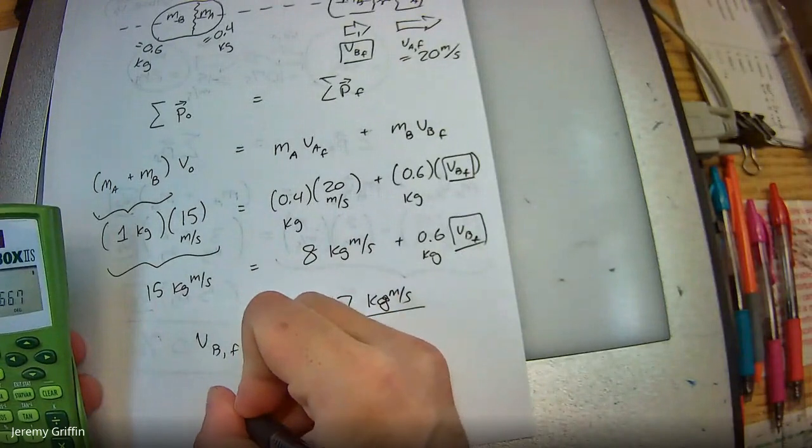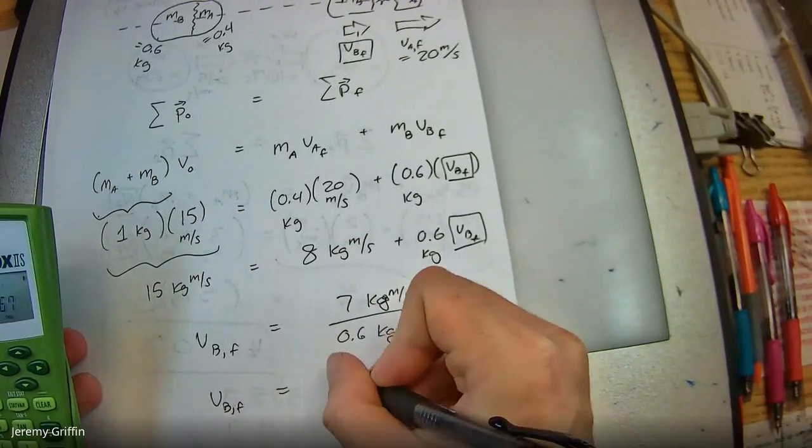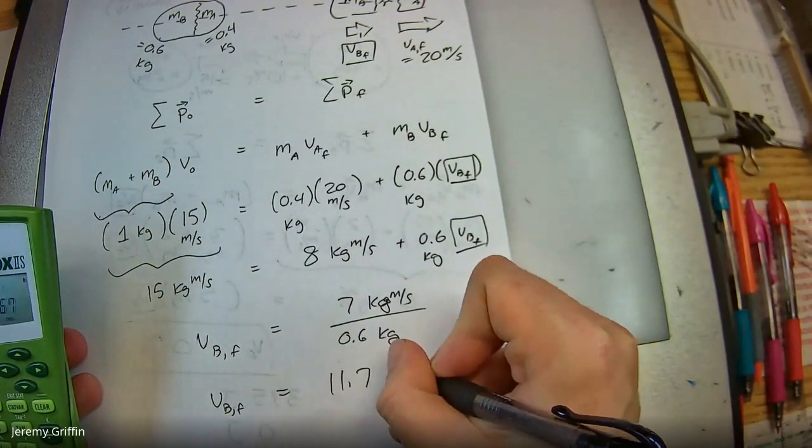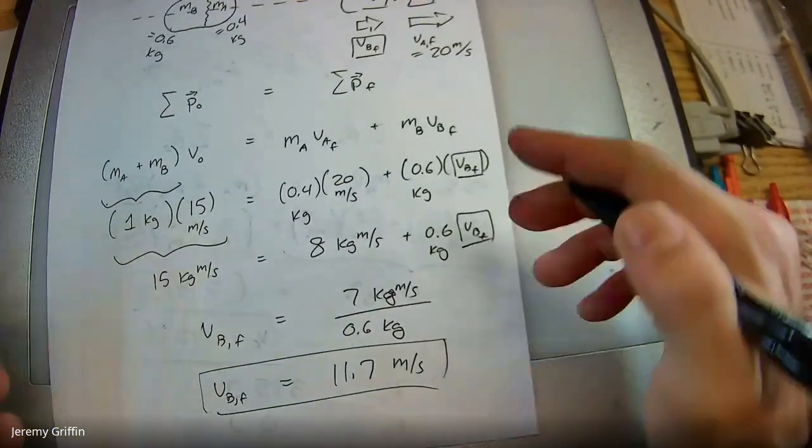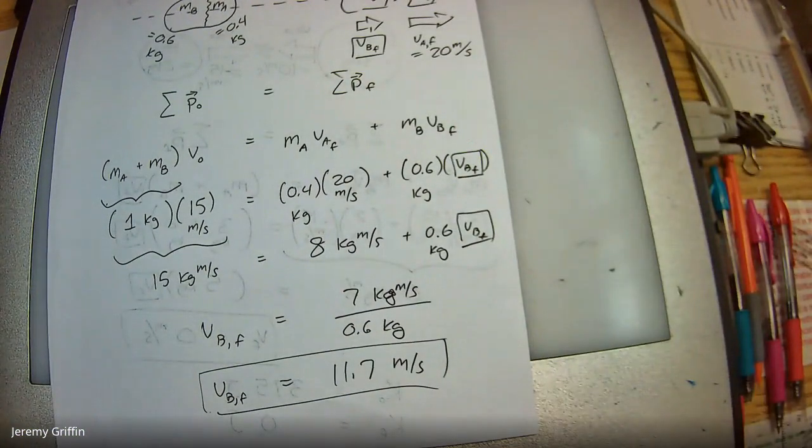I get VB final is 11.7 meters per second. And notice it is slower than the original throwing speed, which of course it would have to be. And if I made realistic numbers, it really should be negative, right?